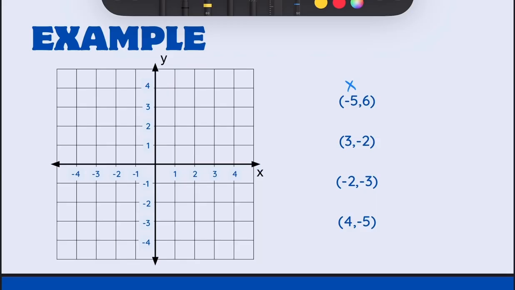Now it's not directly plotted on here, but we know that here is -4, so right next to it should be -5. And now our y is 6, which means that along the y-axis, we need to look for 6. Now it's not on here again, but we could infer that this is 5, and above 5 would be 6. Therefore, the point -5, 6 would be exactly right here.